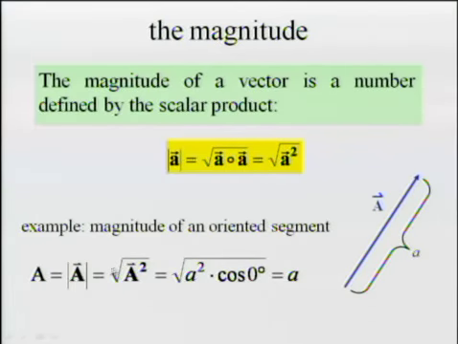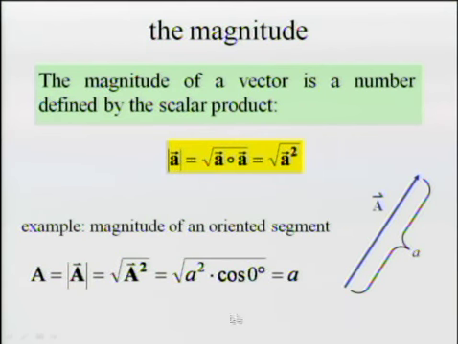In many books, if you have a vector expression, we will have to use these vertical lines to indicate the magnitude of a vector. By definition of the magnitude of a vector, I have to square that vector and take the square root of it.